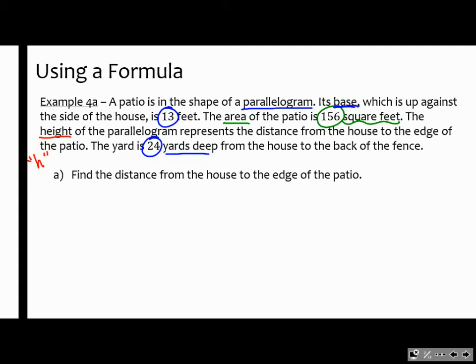A patio is in the shape of a parallelogram. Remember, parallelograms have two sets of parallel lines, so a rectangle is actually a parallelogram. Sorry, let me start over.